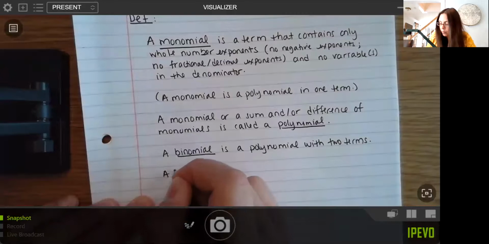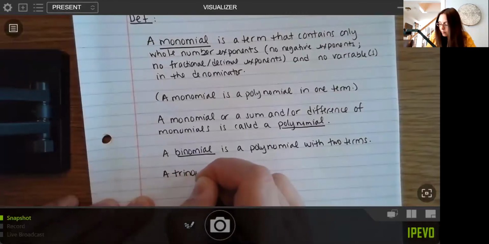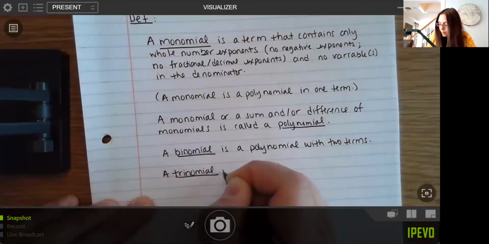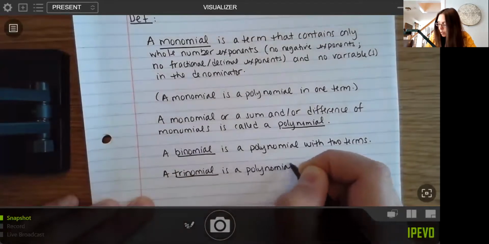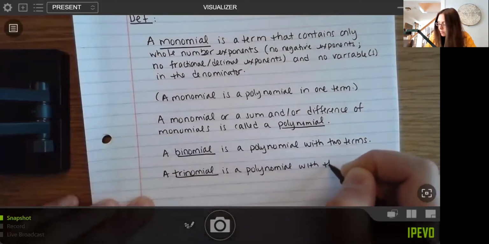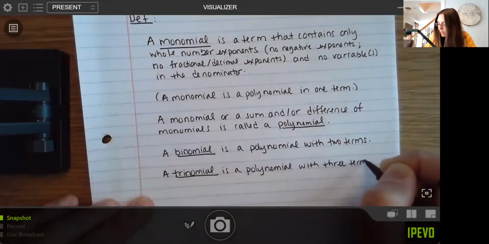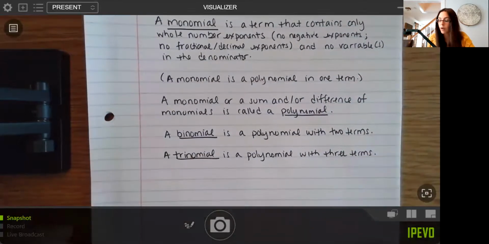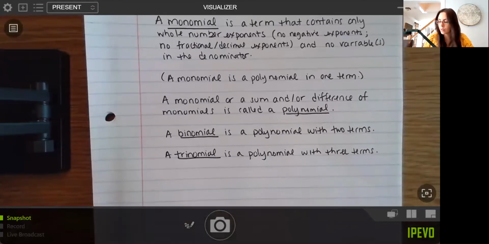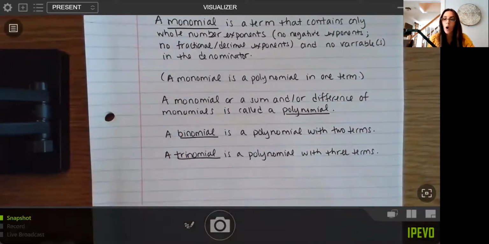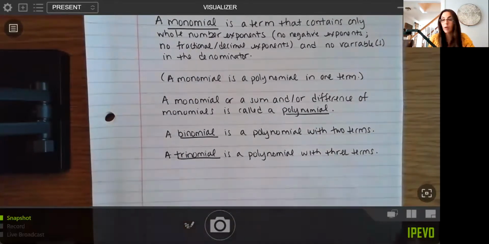And a trinomial is a polynomial with three terms. Okay? And that prefix tri means three. So if you think about a triangle, it has three angles, or a tricycle has three wheels, right? A cycle would be like a wheel. So those are specific kinds of polynomials that we have, but they're all polynomials. And I want to show you some examples so you have a better idea of what this is.